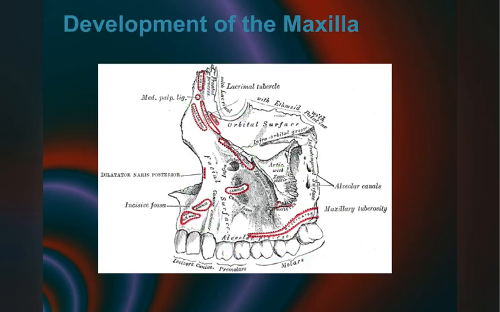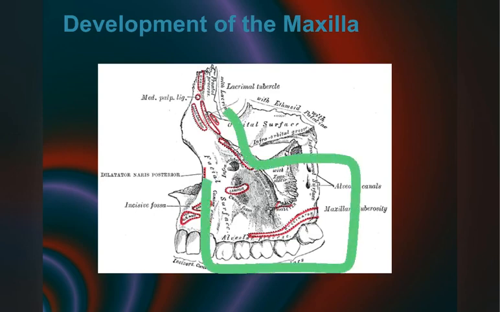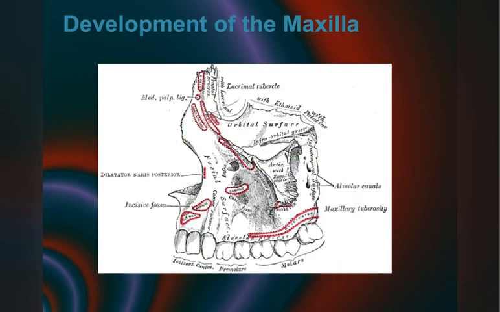The premaxilla is the part of the maxilla that carries incisors, which is derived from the medial nasal process, which is part of the frontonasal process. The maxilla proper carries the rest of teeth, canine and posterior teeth, and it's derived from the maxillary process.